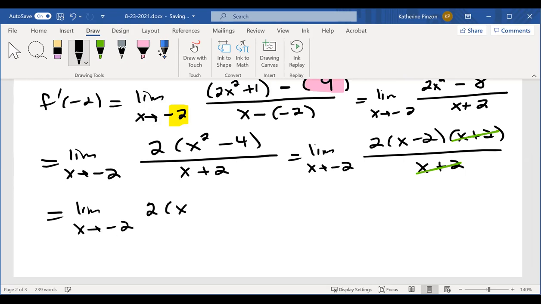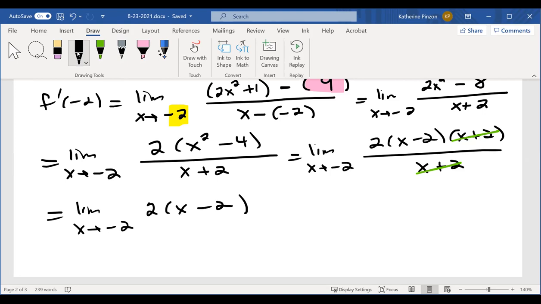And so I have 2 times x minus 2. Rationalizing usually has square roots in it, and factoring is usually polynomials.